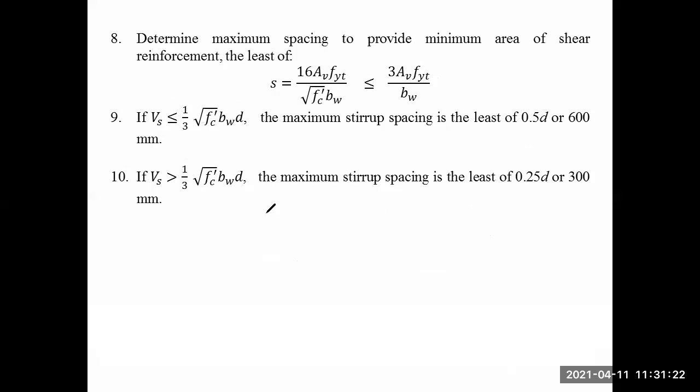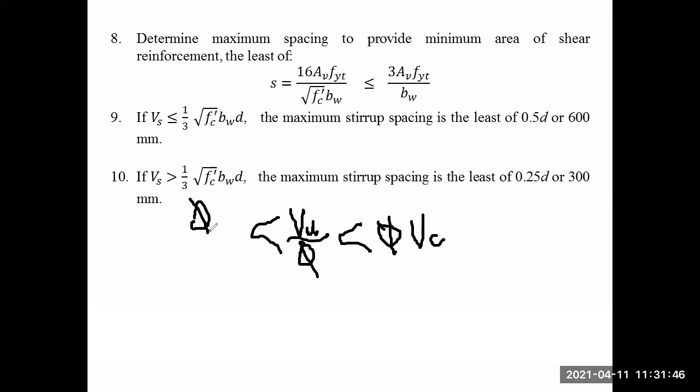We said when Vu over phi is in between phi Vc and phi Vc over 2, starting from here up to phi Vc, it could be covered or not covered.